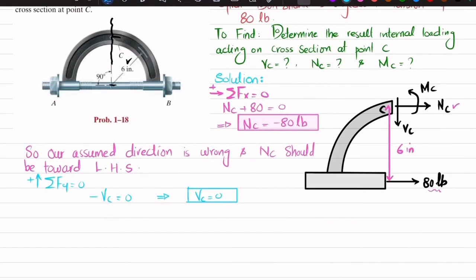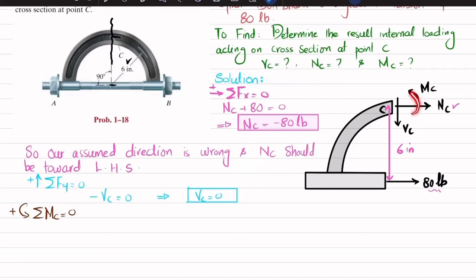Now we will use the third equation of equilibrium, that is the sum of all moments about point C is equal to 0, taking the counterclockwise moment as positive. So about point C, these forces NC and VC are not producing any moment because these are passing through this point.